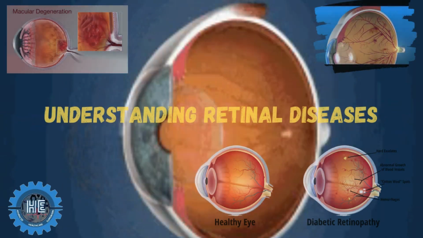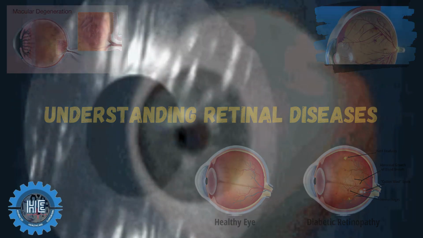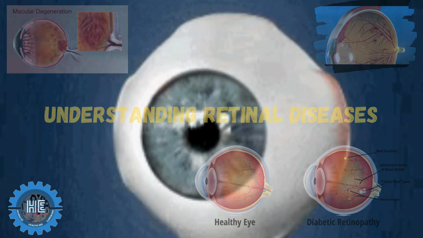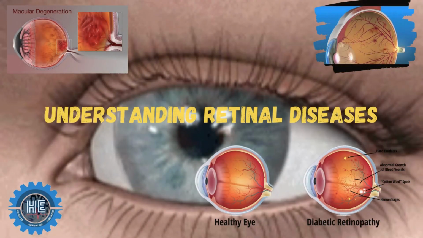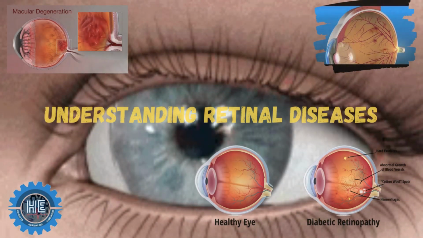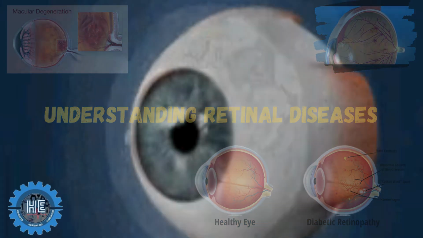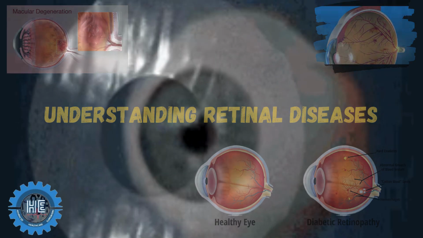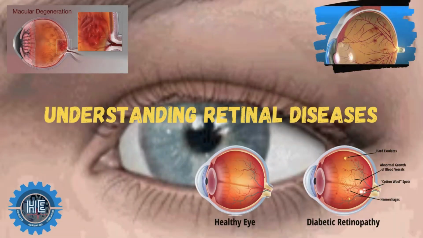Let us try to understand the retinal diseases. What are retinal diseases? Diabetic retinopathy is caused by high blood sugar damaging the retina. The second one is called glaucoma, which is increased eye pressure affecting the optic nerve. The third one is macular degeneration, where age-related deterioration of central vision takes place.